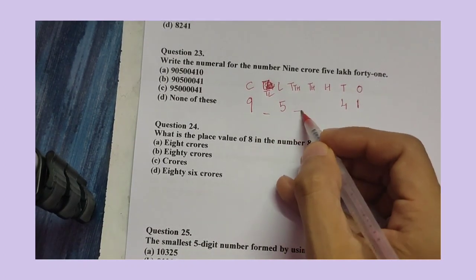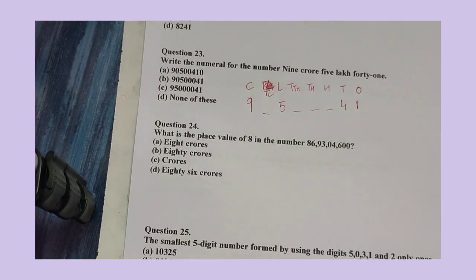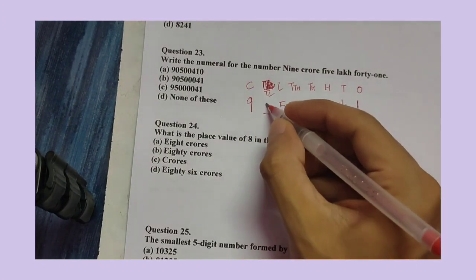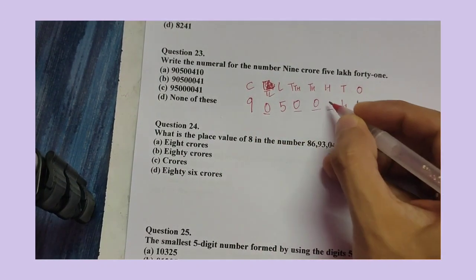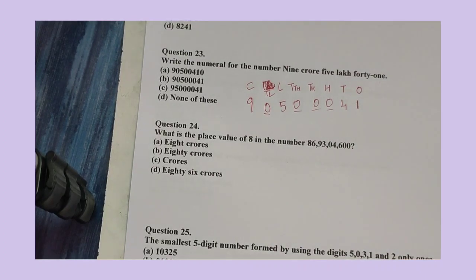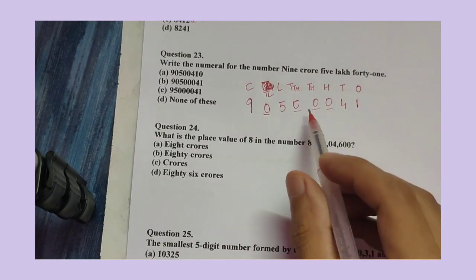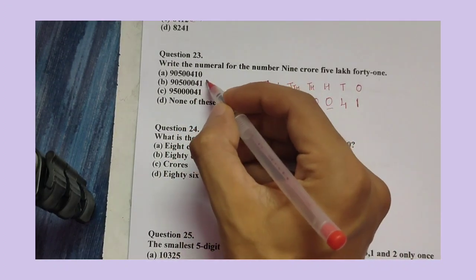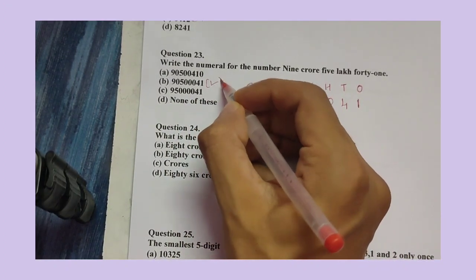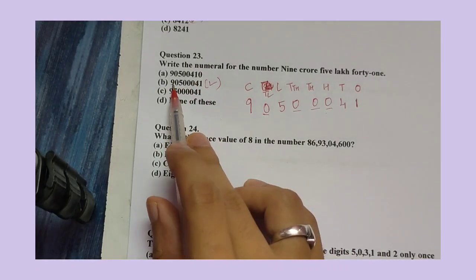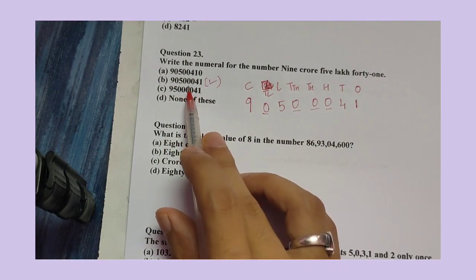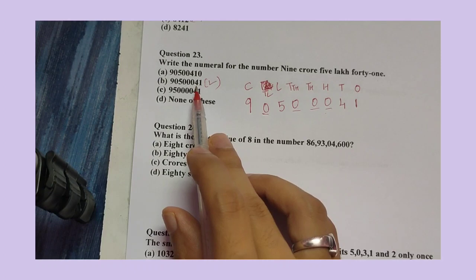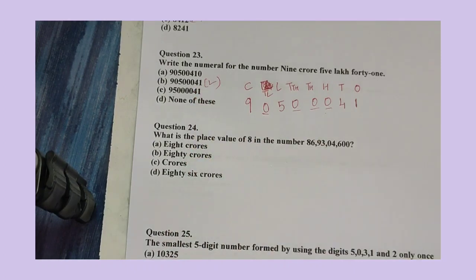So at the blank space we will be putting zeros. So in the numeral form what we get is 9050041. If we compare this with the options, option B will be the right answer. It is representing 9 crore 5 lakhs and 41.